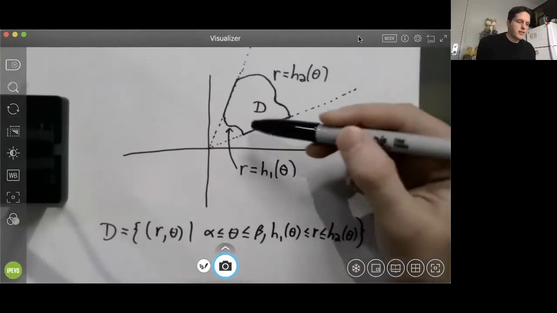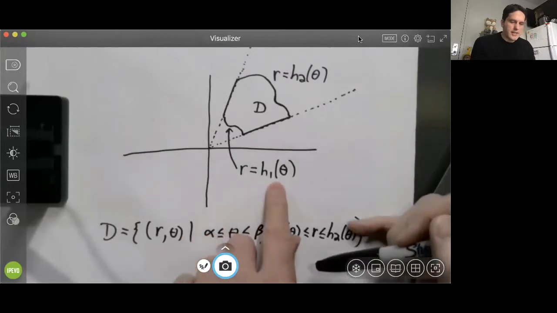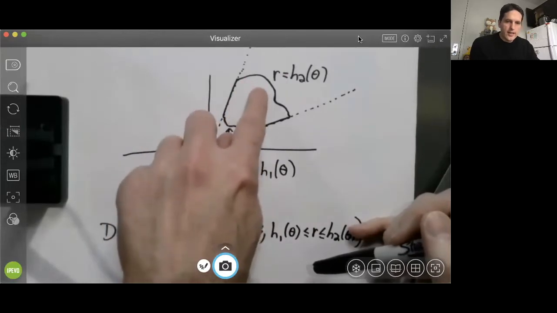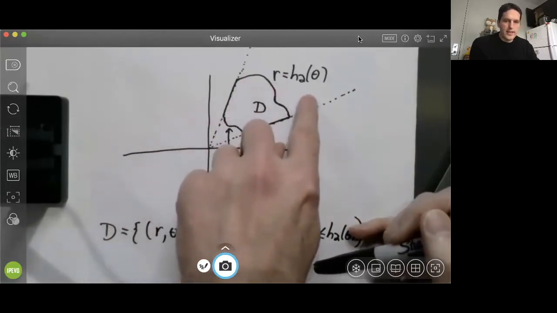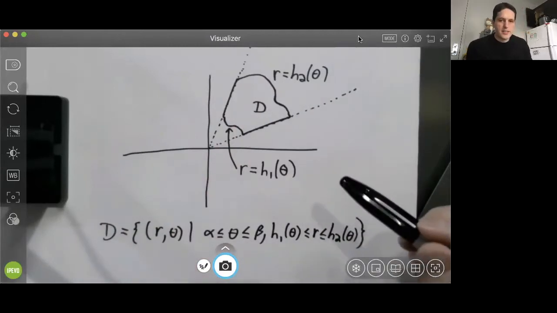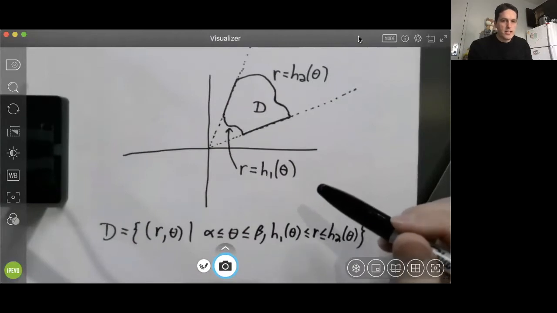So the equation of this lower curve is r equals h1 of theta, and the equation of this outer curve is r equals h2 of theta. This special type of region is called a polar region.